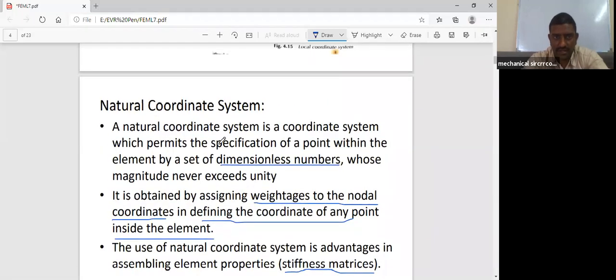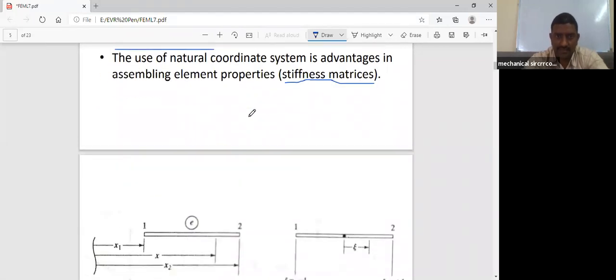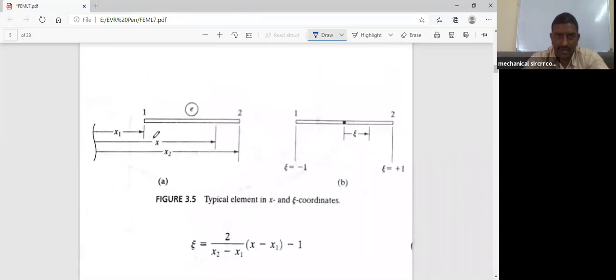So I will explain in detail what the natural coordinates are and how they are useful in the next slides. For example, consider an element E. Its nodes are node 1 and node 2 at the ends of this element.